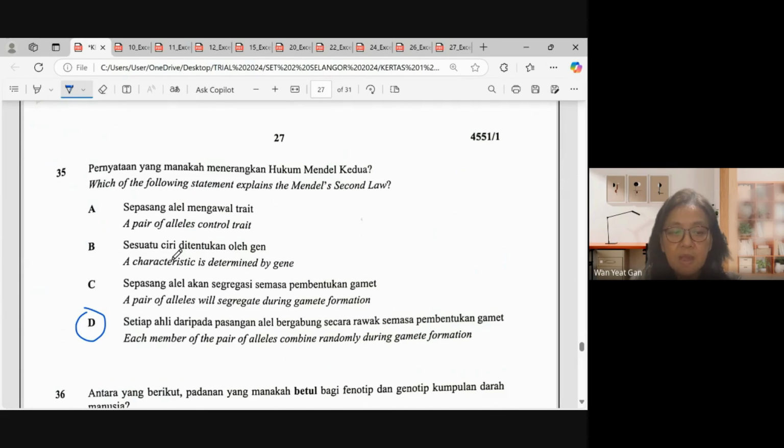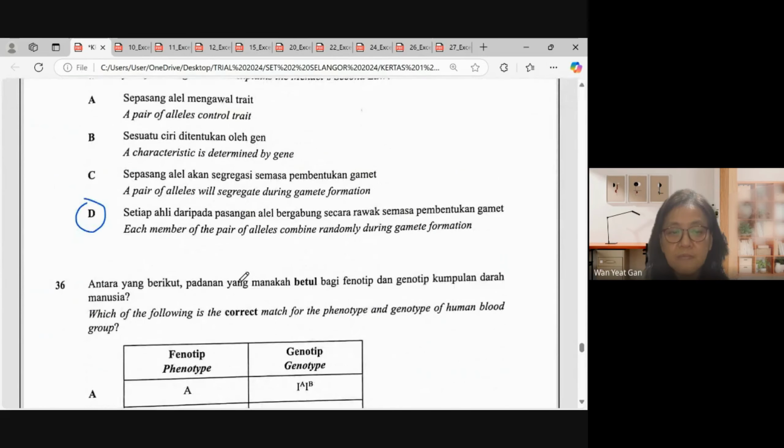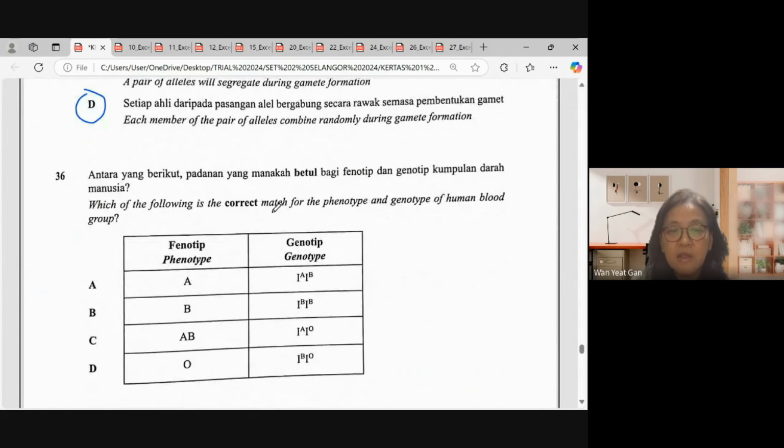Question 36. Which of the following is the correct match for the phenotype and genotype of human blood group? For blood group A, the genotype can be IA IA or IA IO.